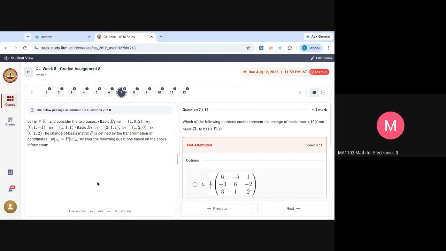We have 7. W is in R3, and we have two bases, B1 = {U1, U2, U3} and B2 = {V1, V2, V3}. The change of basis matrix is defined by the transformation that takes something in B1 to B2.